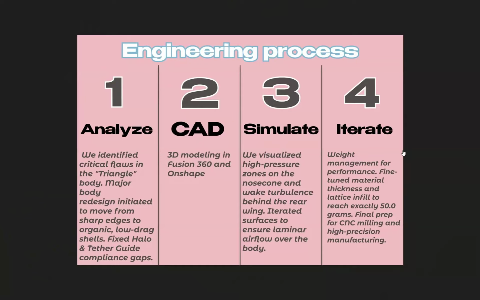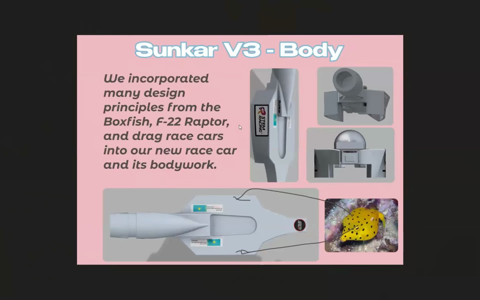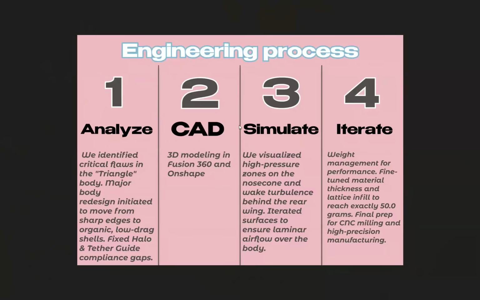We visualized high pressure zones on the nose cone and the wake turbulence behind the rear wing. Fourth, iterate. Weight management for performance. We fine-tuned material thickness and lattice infill to reach exactly 50 grams.